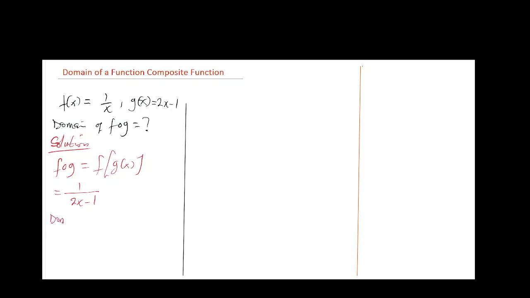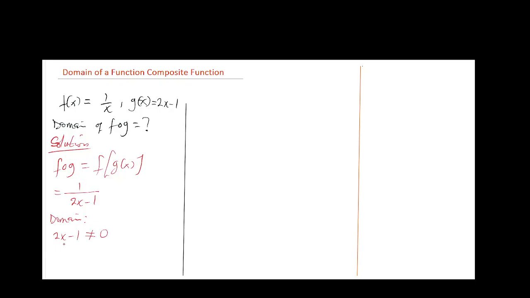Now, how do we get the domain? We check for restrictions. That is the first step. And when you have a rational function, one of the restrictions is that you cannot divide by 0, meaning that 2x minus 1, which is the denominator, cannot equal 0.